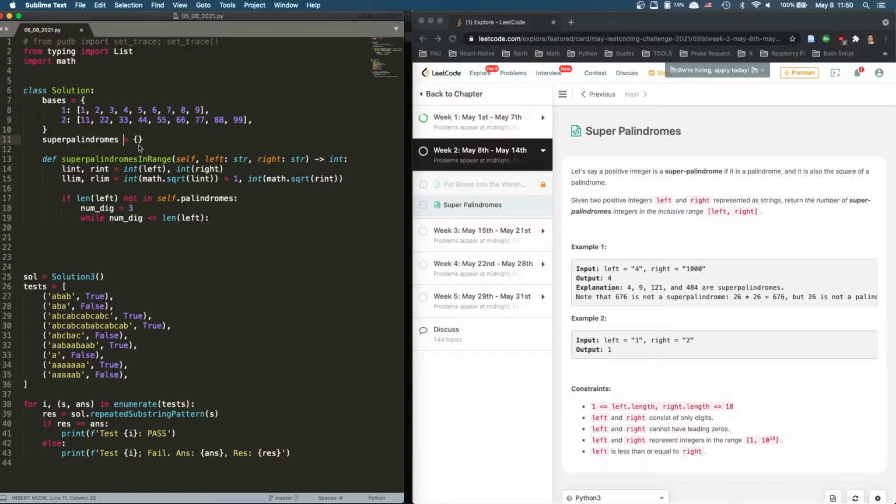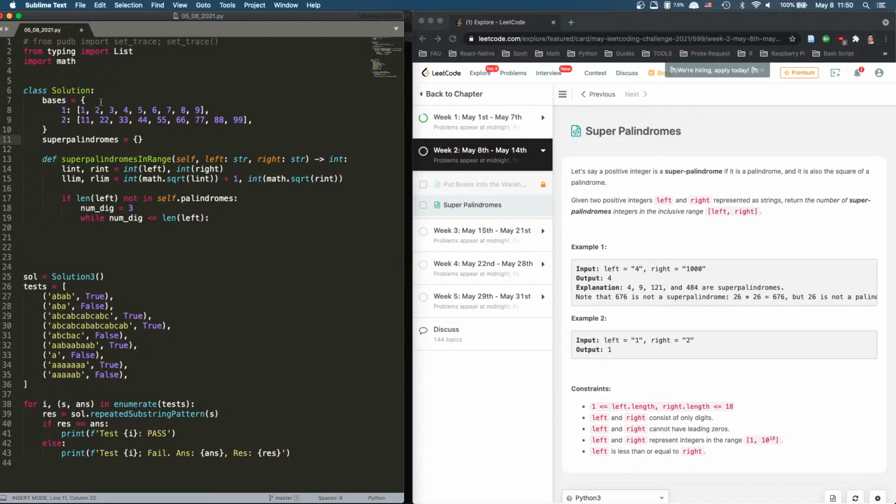So how about we just populate the bases based on the number of digits we have on the left limit and the right limit. Right? We don't even care what the left limit or right limit are. We just want to know the number of digits.